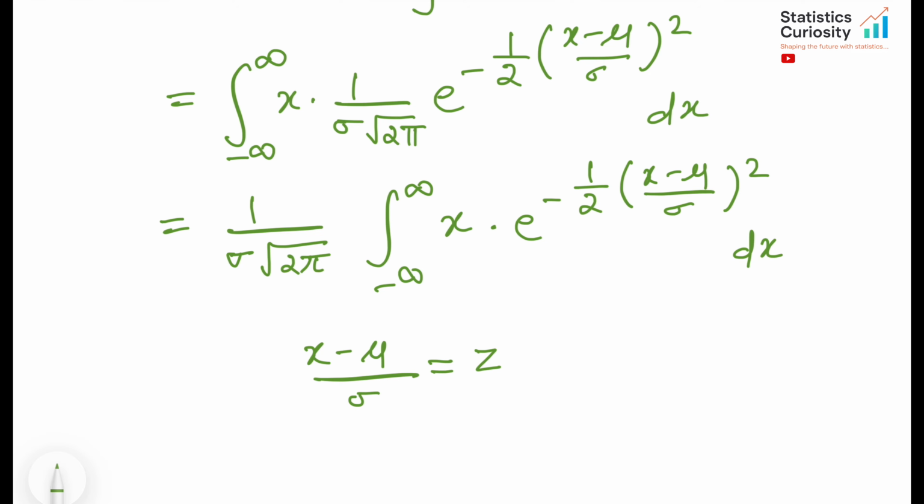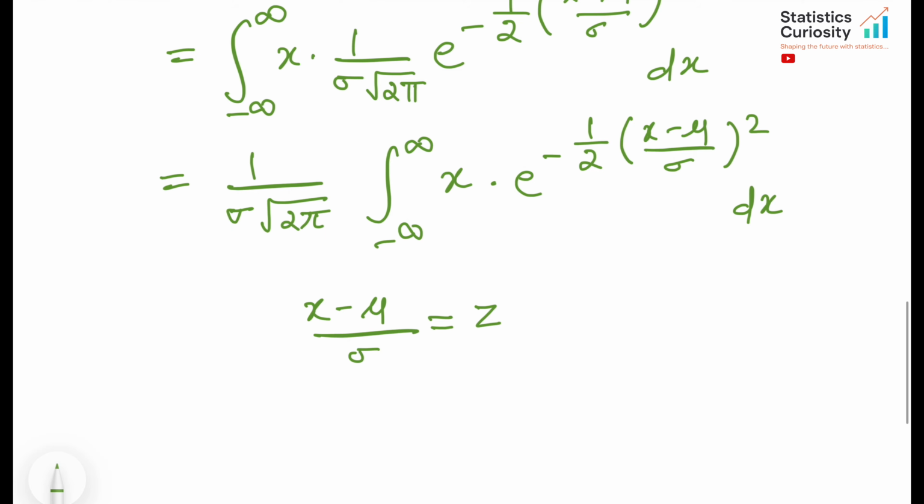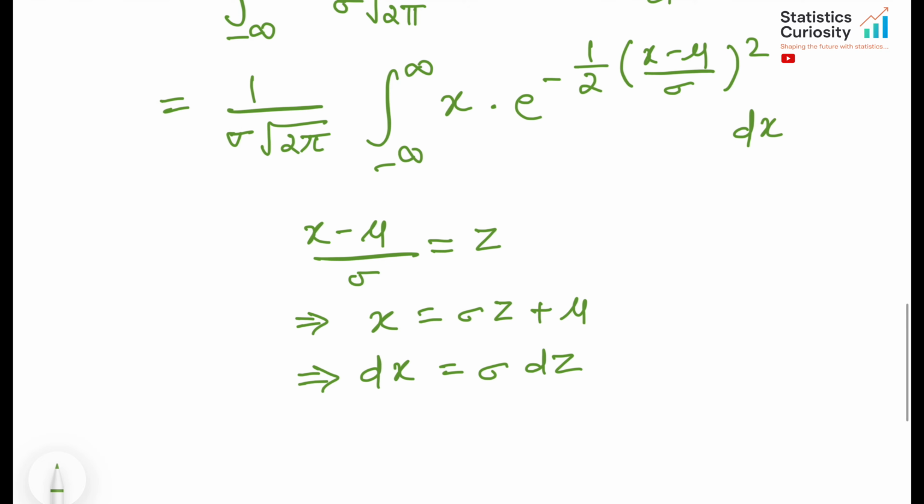This is also called z-scores. Okay, so (x minus mu) upon sigma is considered as z for this derivation, and this will give you x equals sigma z plus mu, and this will also give you dx equals sigma dz. Okay, and mu is a constant, so its differentiation is 0. And the integration limits will not change, since if you substitute minus infinity and infinity in place of x, z will also be minus infinity to infinity.